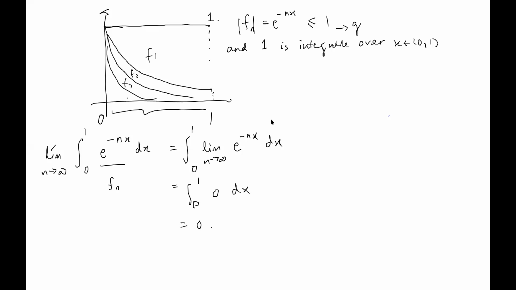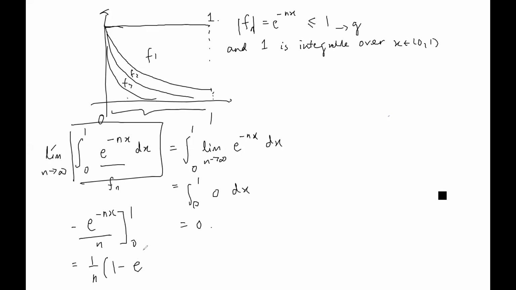So it's 0. Okay. In fact, if you follow the order of doing this integral, so you integrate this, it will get you this. Okay. So you end up with 1 over n, 1 minus this.